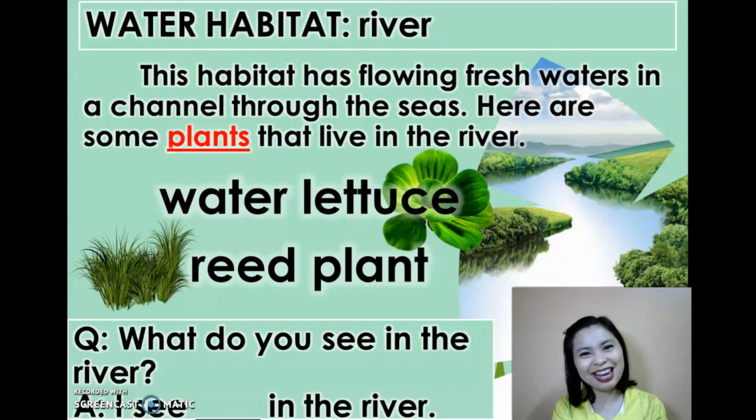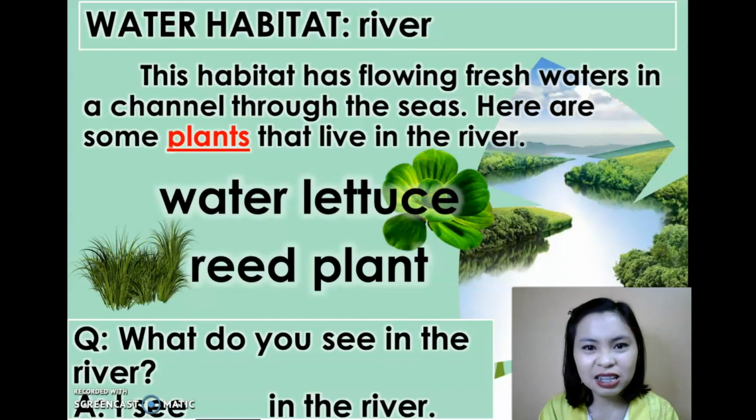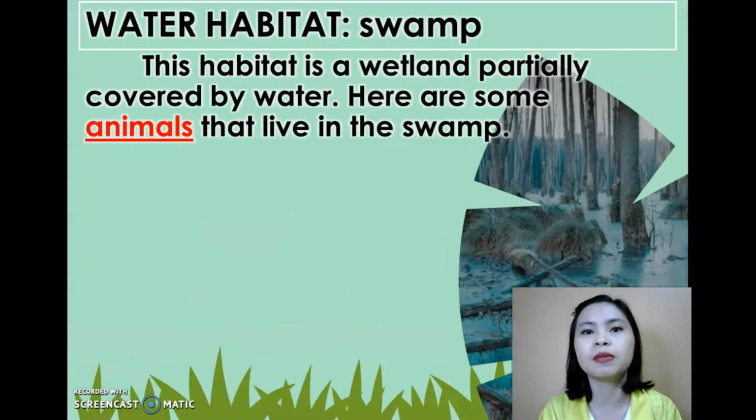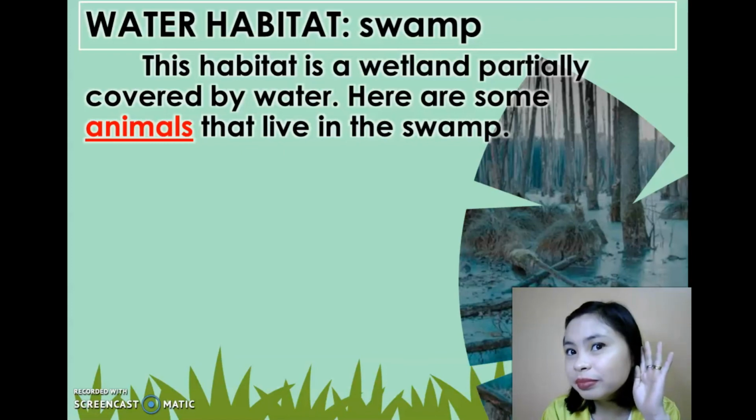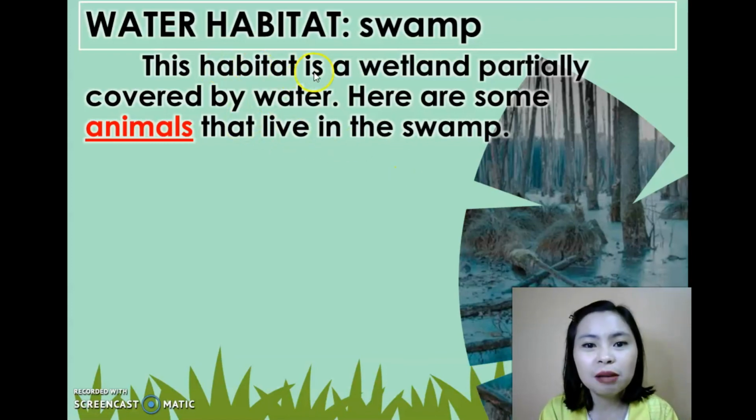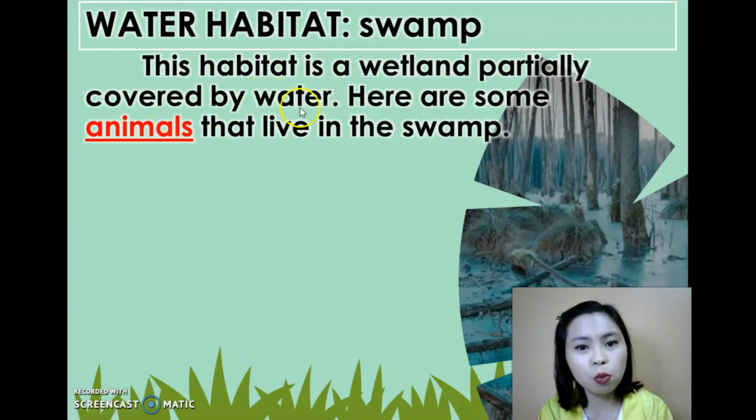Okay, great. Next, I think this is the last water habitat we are going to study. And this is swamp. One more time. This habitat is a wetland partially covered by water.